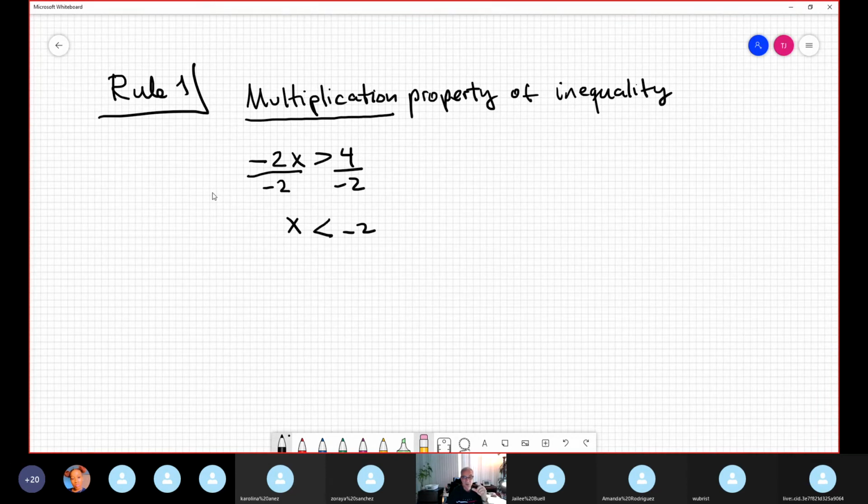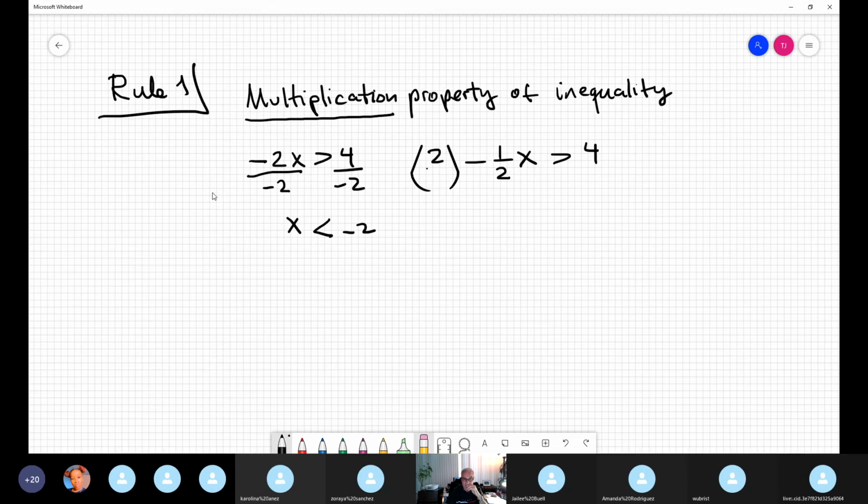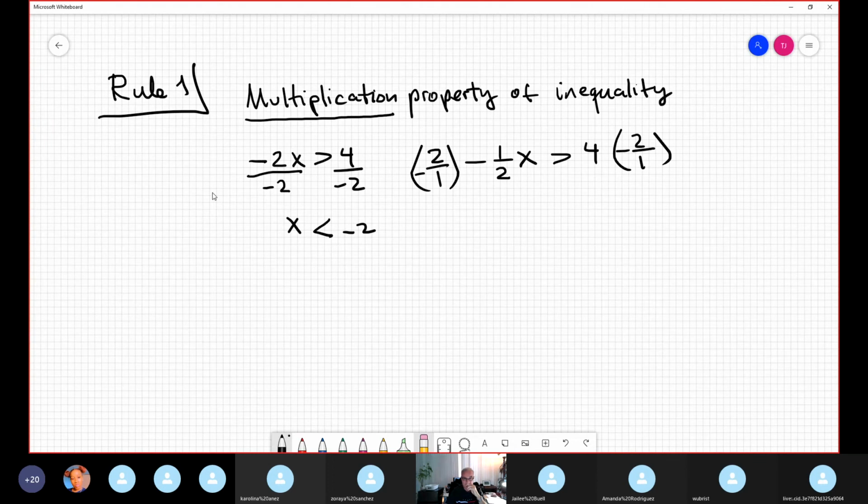A similar situation happens when you multiply. Suppose another alternative: -1/2 x greater than 4. In this case, to eliminate the fraction, I would recommend multiplying by the reciprocal, which is 2/1, and negative also, -2/1. This is 1. Nice. This and this cancel each other. It's the reciprocal. Any number times its reciprocal is positive 1.